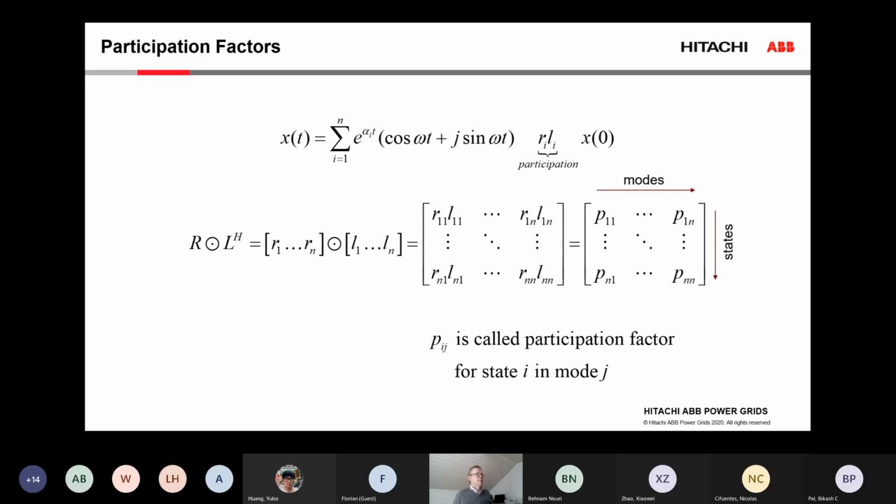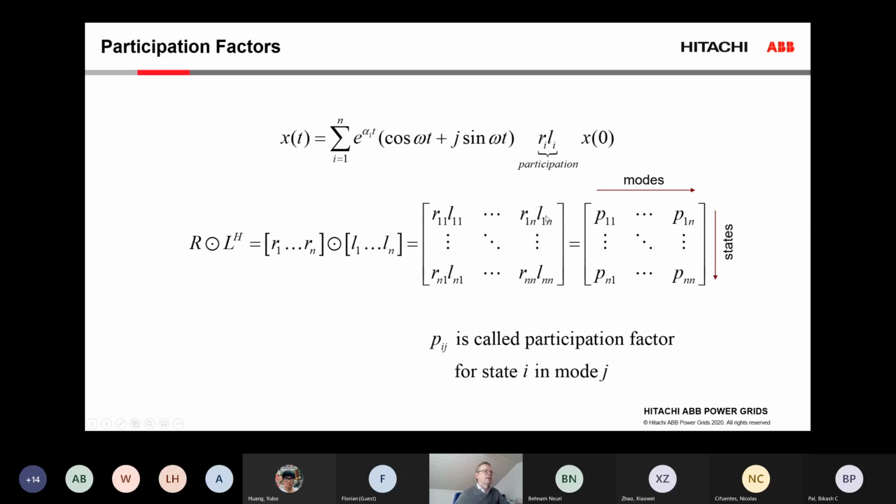That participation factor can be computed using the right and left eigenvectors that you will usually get as a byproduct when you calculate the eigenvalues, and arranging that in a special pattern.